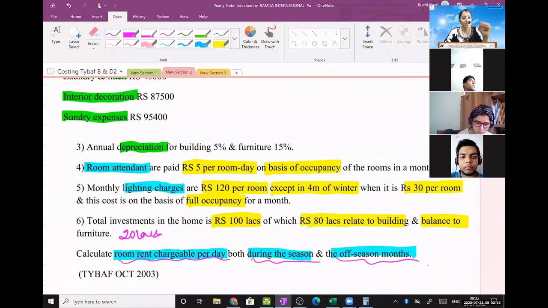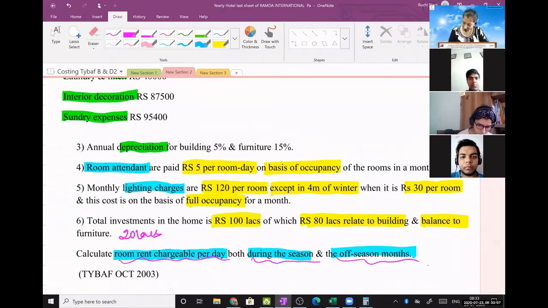We have never calculated rent as per seasons. So this is a different type of sum. This is the twist in the sum: instead of calculating rent of the single room, double room, and triple room, they are asking you to calculate rent of the seasons and off seasons. Clear everyone? But that does not change the baseline of the question. We have to calculate room days, single room days.